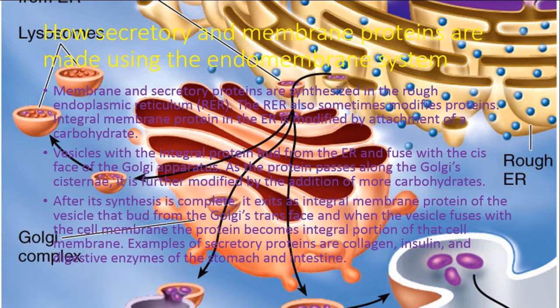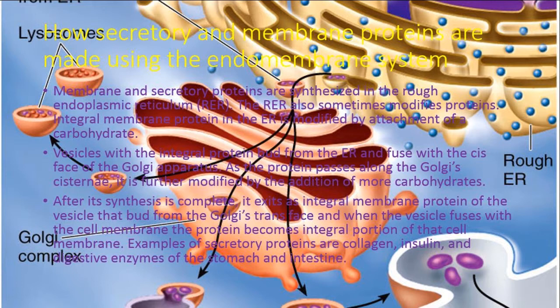So a vesicle with integral protein departs from the ER and fuses with the cis face of the Golgi apparatus, and the protein passes along the Golgi cisternae. It is further modified by the addition of more carbohydrates after its synthesis is complete.